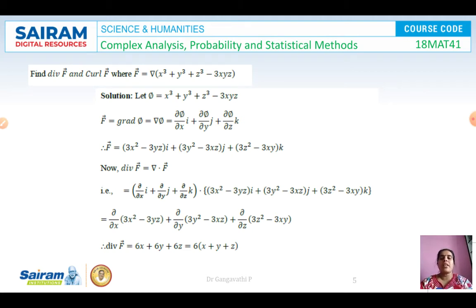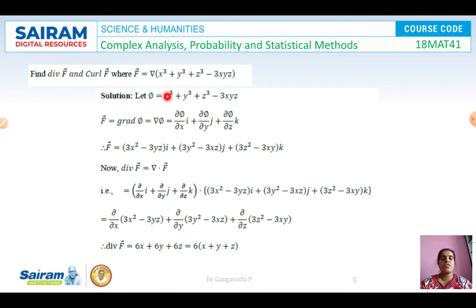So vector f. Now first, dou phi by dou x. Differentiation of phi partially with respect to x gives us 3x square, and this term becomes 0, this term becomes 0, and here we get minus 3yz. So that is what we have entered into i cap, plus the same phi differentiated partially with respect to y. When we do partial differentiation with respect to y, the other variables x and z act as constants.